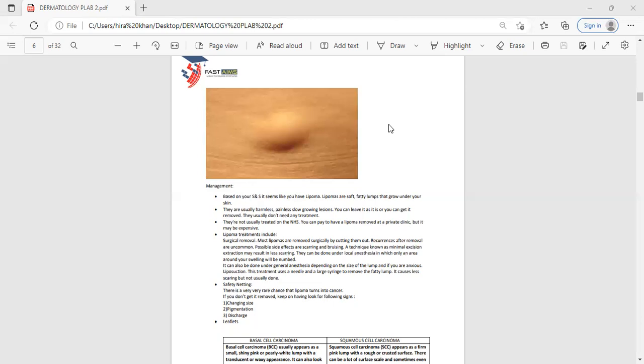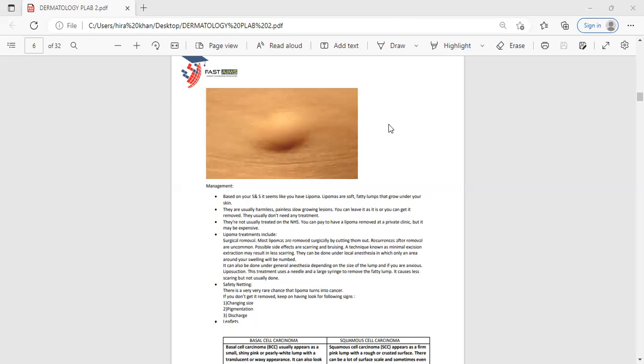So if you don't get it removed, I would just recommend you to look out for the following signs. Like if you notice any change in the size, any pigmentation, or any discharge coming out of it, please come to us for urgent assessment, and then offer the leaflets. That's it. Okay, so that's how you're going to cover the lipoma. Because in a lipoma, there is a very, very little chance of turning into cancer. So it is always better to mention that.